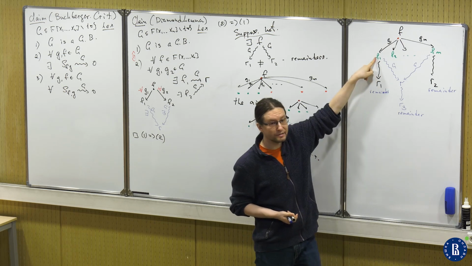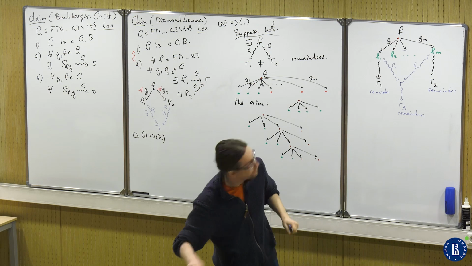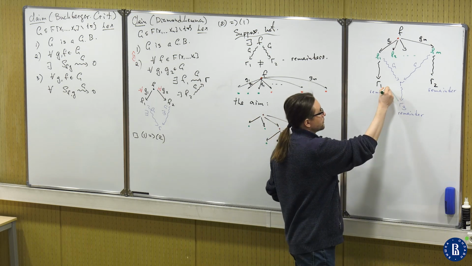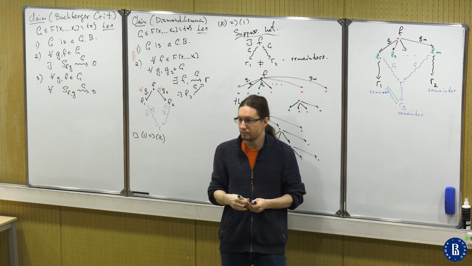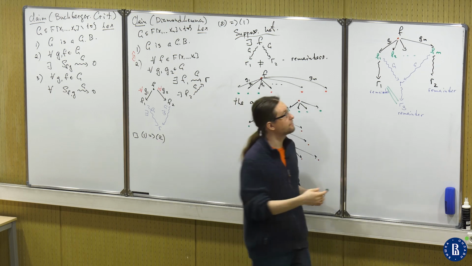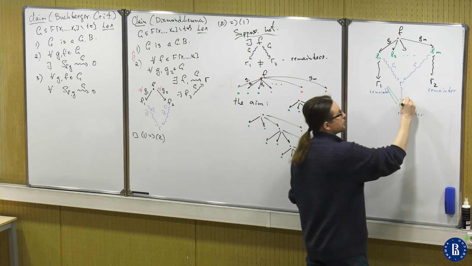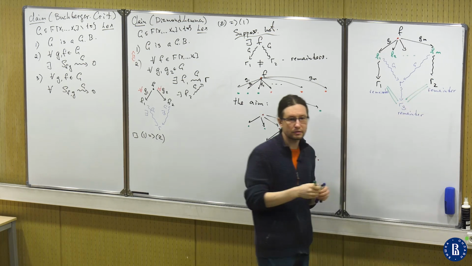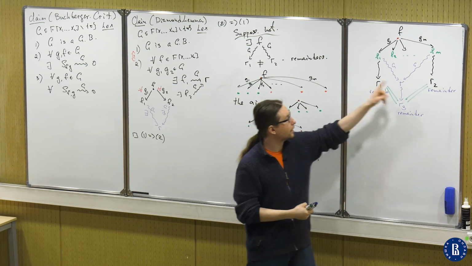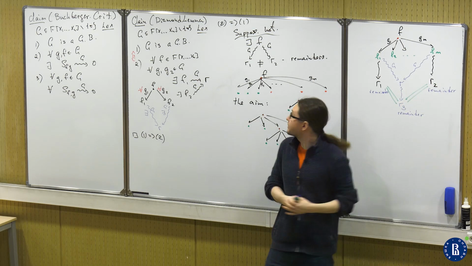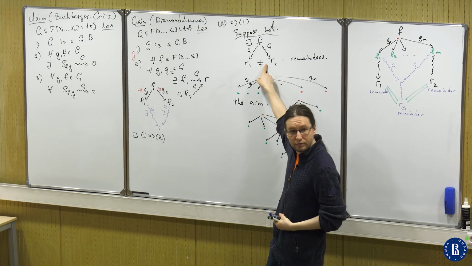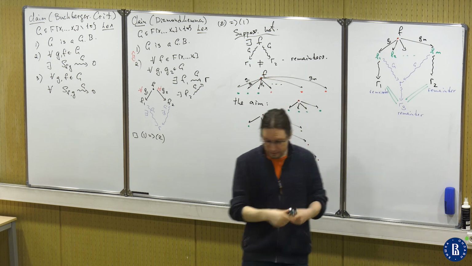So since this guy is green, we must have equality between R1 and R3. And exactly the same argument applied to Fm, since also green, leads to this equality. But now we have R1 is equal to R2, which contradicts our assumption. So this is a contradiction.